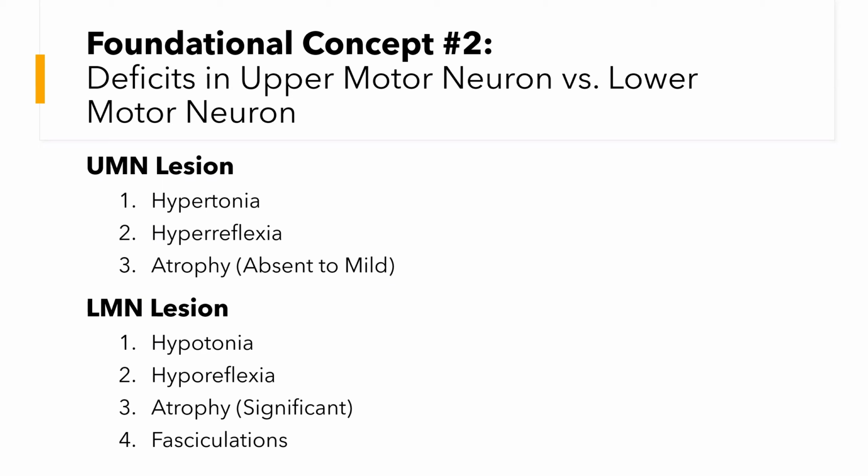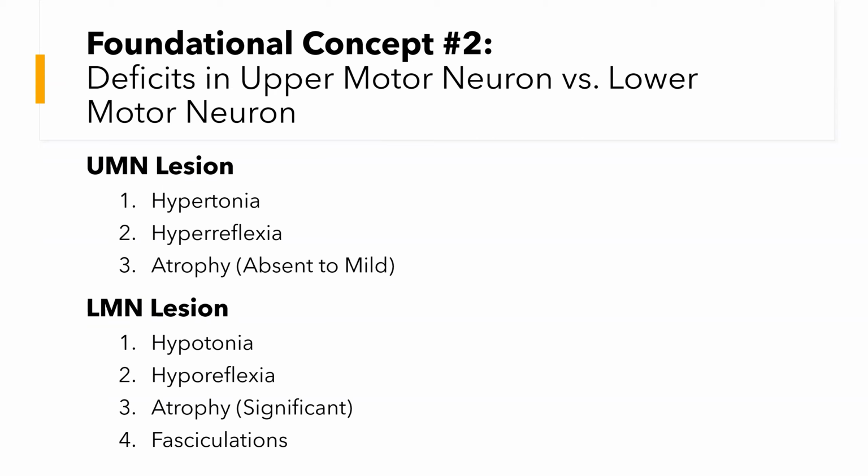Okay, so additionally, lower motor neuron lesions are kind of the other side of the coin. It is shown by hypotonia, so a lack of muscle tone, and hyporeflexia. So if you hit that patellar tendon, you won't get any response. And it is also coupled to significant atrophy, which is caused when you have a degeneration of lower motor neurons, you lose that innervation to those muscle fascicles.